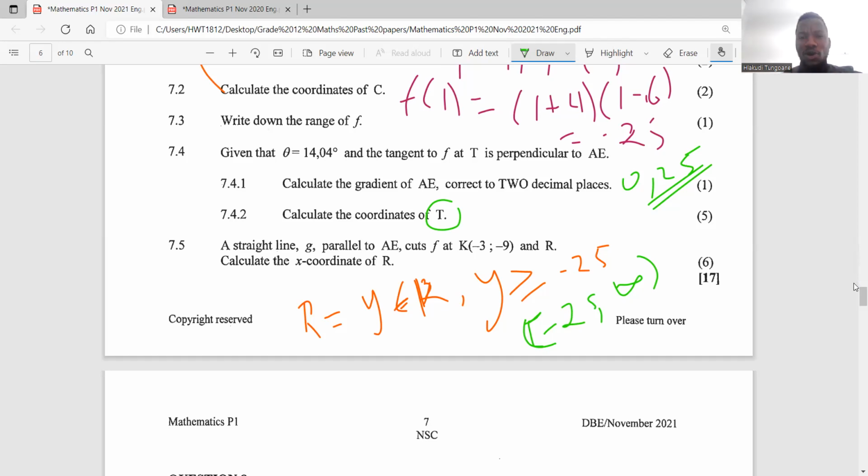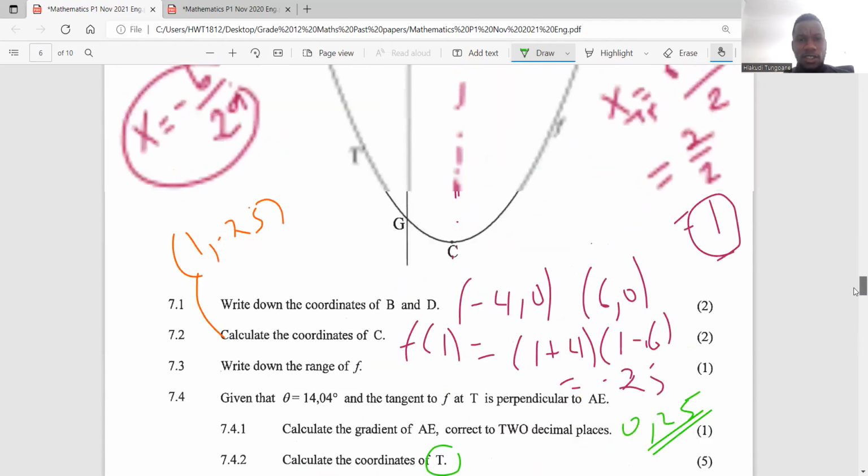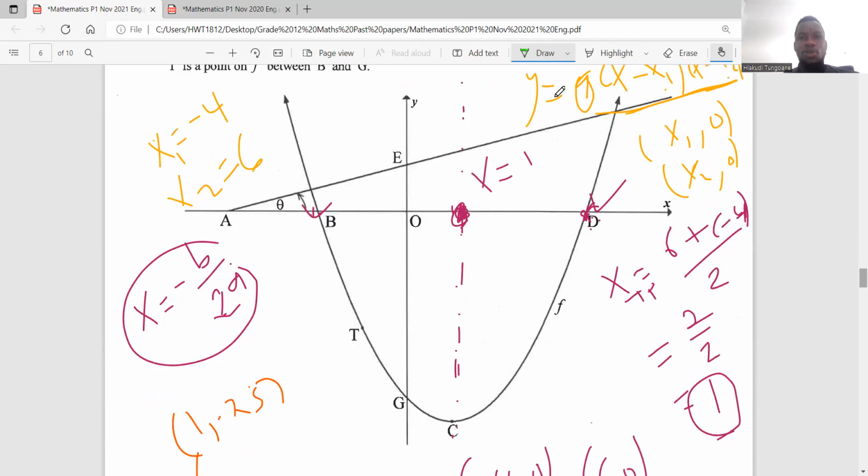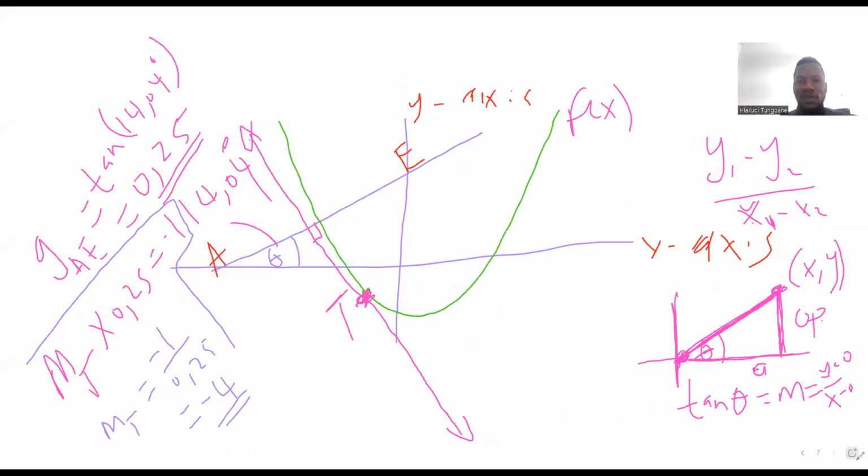Okay, and then we also need to remember some techniques from calculus of differentiating a function. In this case, f of x is given as (x plus 4)(x minus 6). So we need to get the gradient of f of x, because that's going to help us get the x value at which the tangent meets f of x, right?